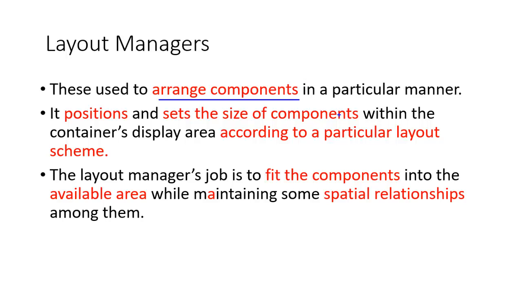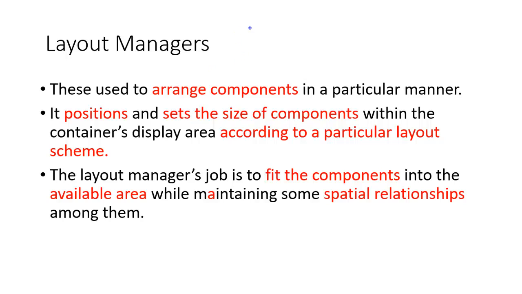There are different schemes available in Swing that we can use to arrange the components. Whenever we place a component in a container, we can set its size, saying what the width and height are. However, the layout manager will decide the actual size and actual position of the component with respect to the other components.